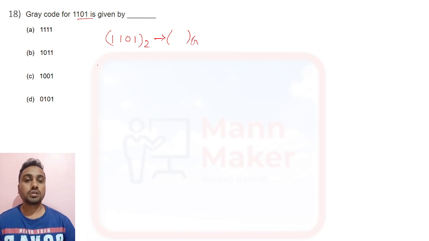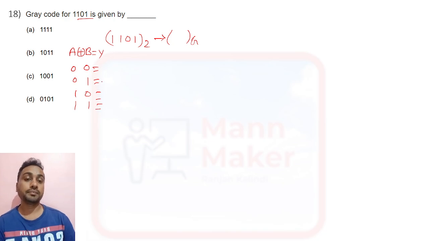For gray conversion, we have to apply the XOR operation, A XOR B. In the XOR operation, if both inputs are equal then the output will be 0, like 0 0 means 0, 1 1 means 0. If any one is high, then the output will be high. This is the XOR operation.